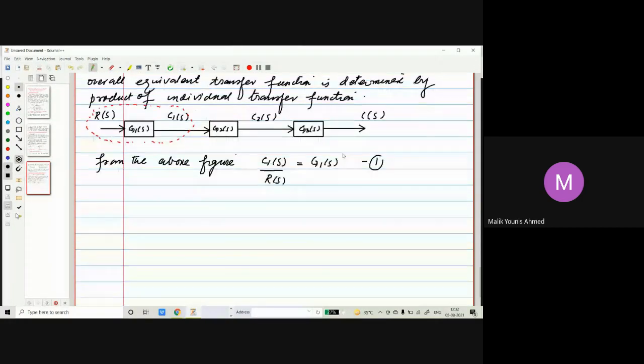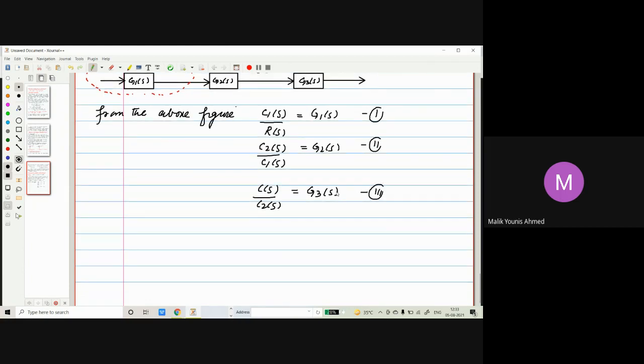Similarly, if we take another block now, the output is C2 of S, input is C1 of S. So second, we can write C2 of S divided by C1 of S is equal to G2 of S. Third, the output is C of S and the input is C2 of S. C of S divided by C2 of S is equal to G3 of S. So these are the three equations we are getting from the above block diagram. Now, multiply equations 1, 2, and 3.